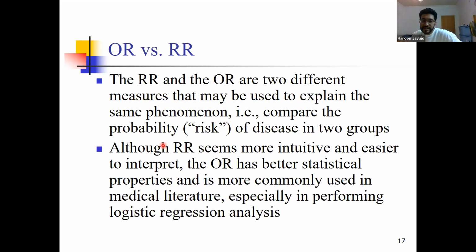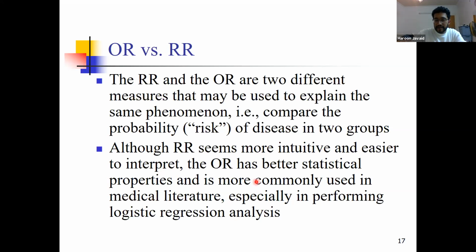But we use odds ratio because it has better statistical properties, which means that once it's used in other tests, it generally proves to be more statistically powerful. But don't get into this.